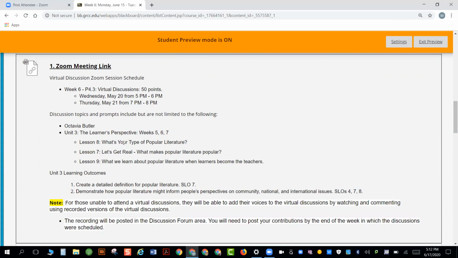One of the first things I'm going to have you talk about is going to focus on Octavia Butler. We want you to bring to your small group discussion what it is about that text that may or may not help you understand what speculative fiction is, and how, from your perspective, it fits in with any of the criteria of speculative fiction.